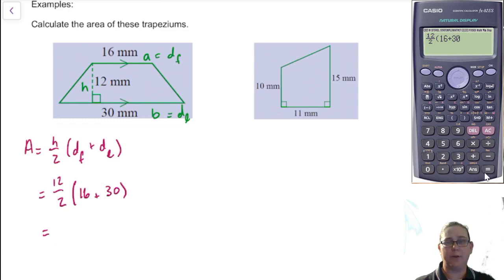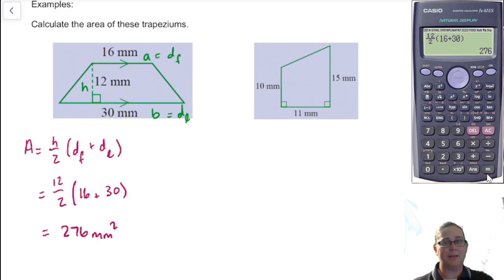We close off our bracket and then just hit equals. And there's our area, 276. Our units of measurement for this one are millimeters, so millimeters squared. Pretty straightforward, don't you think?